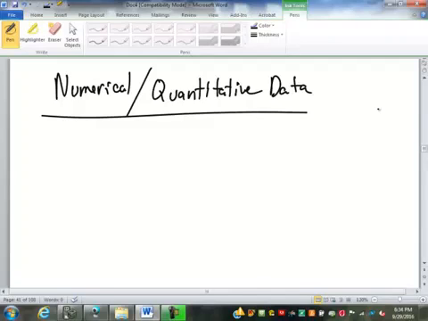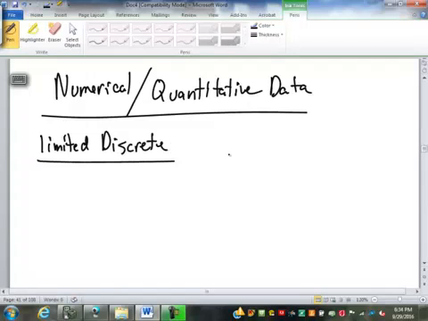Discrete data can sometimes be treated in two different ways as well, but we're going to talk about limited discrete data. By limited, I mean there's a small number of possible values it can take on.